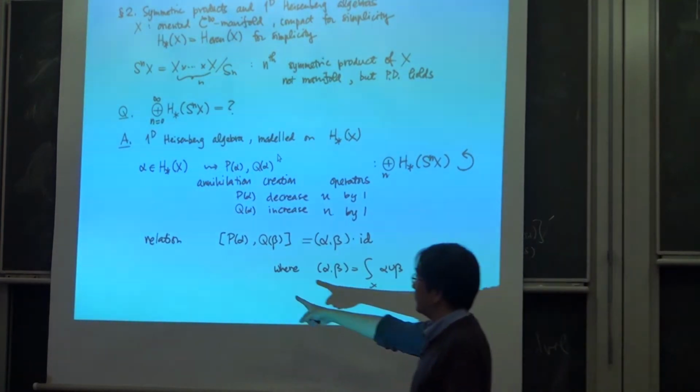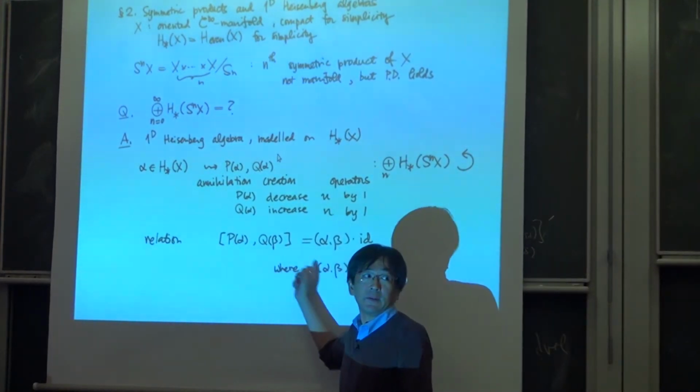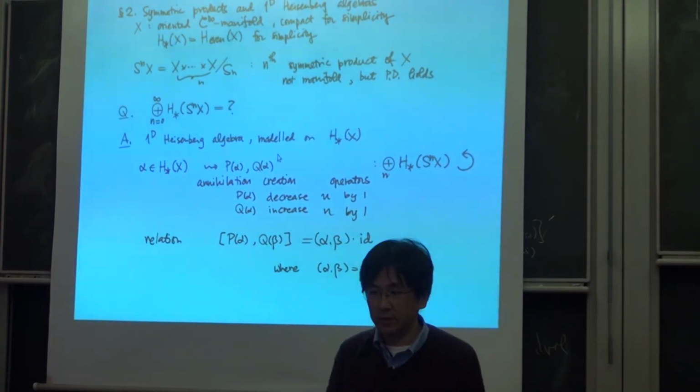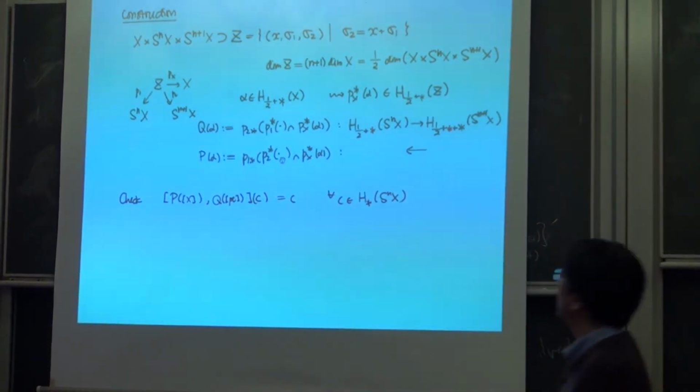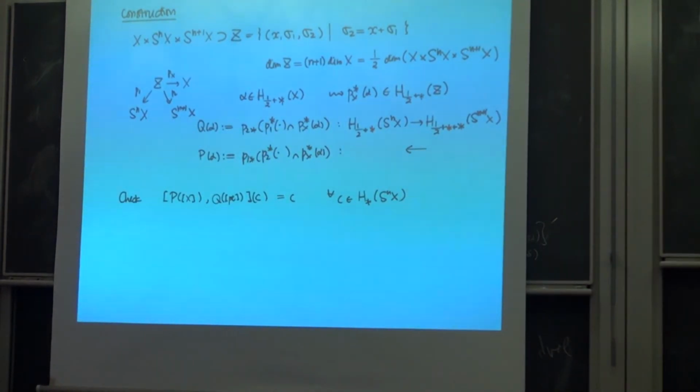And I want to construct these P alpha and Q alpha operators in a geometric way, and I want to check the defining relation. So this is the construction. It is a slight modification of the previous construction.